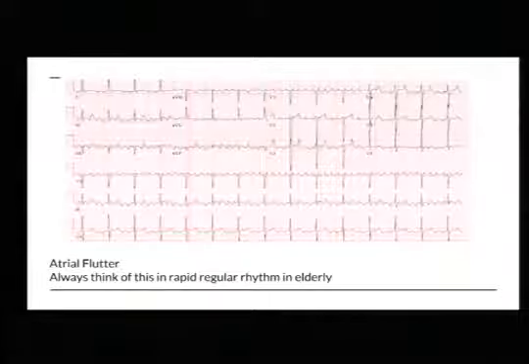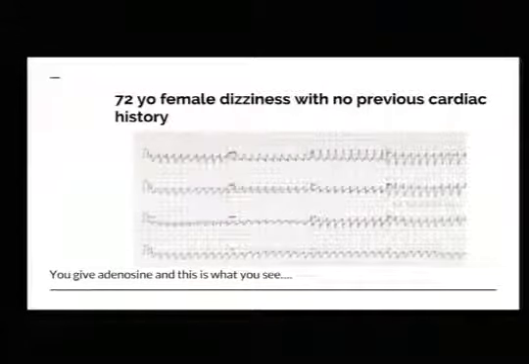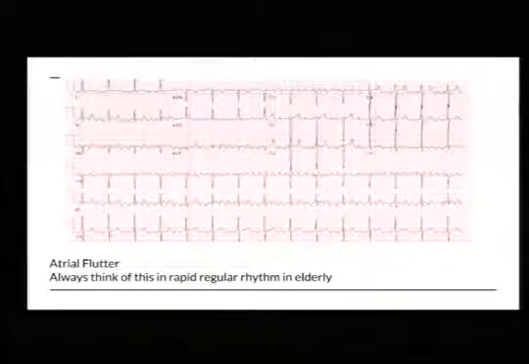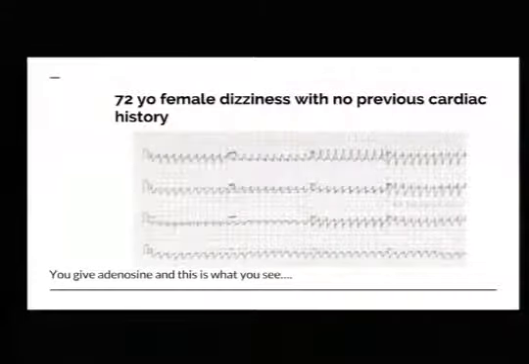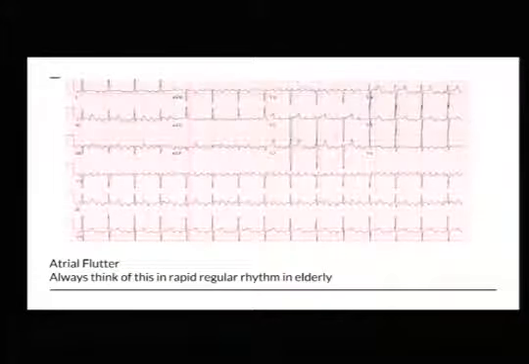So what was she? What was she here? You give adenosine and you go into flutter. Bill? So if you give adenosine in that, and then you see this, what is she? What is this? I have the answer up there, but.